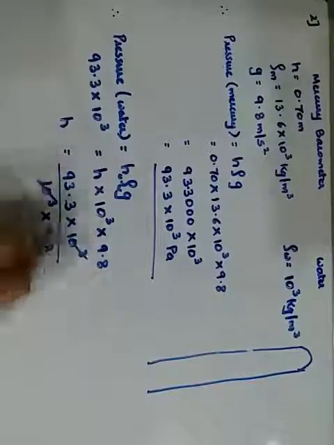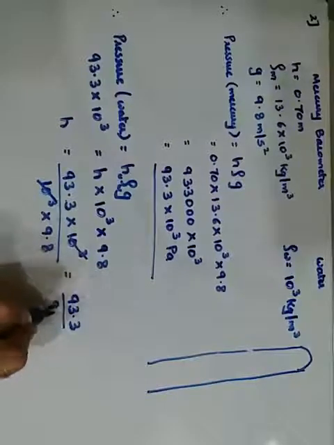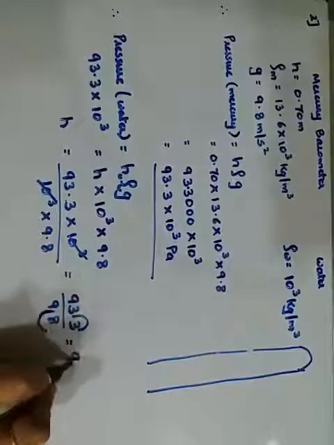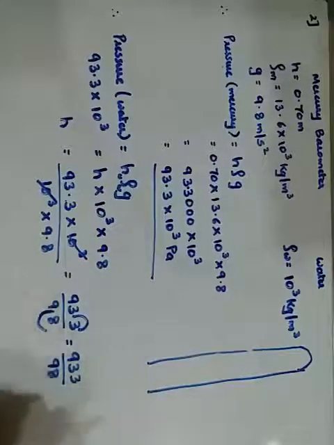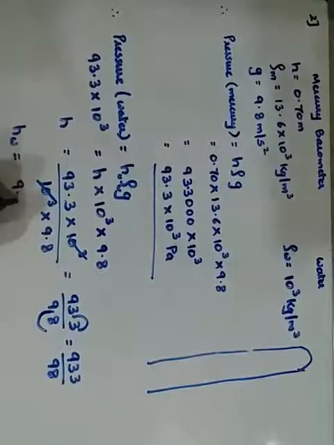This and this cancel, I am left with 93.3 upon 9.8. I shift one decimal, it becomes 933 upon 98. Divide in the corner, and you get the height of the water column as about 9.52 meters.